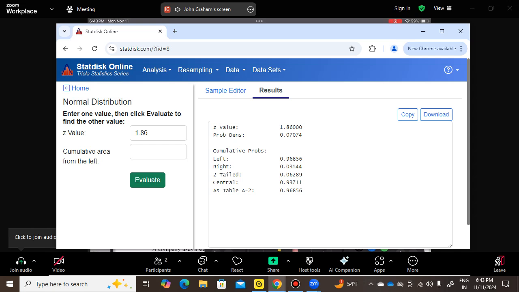How could we find the probability of bone density greater than that value? Well, we already did that, and it's to the right. And so the probability of z greater than 1.86 is going to be equal to 0.03144, or 3.1%.